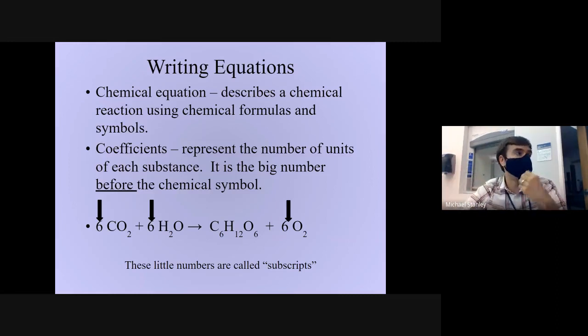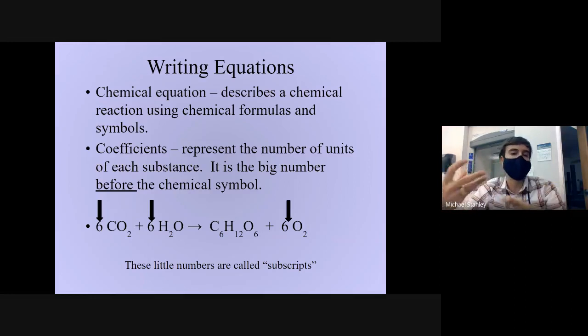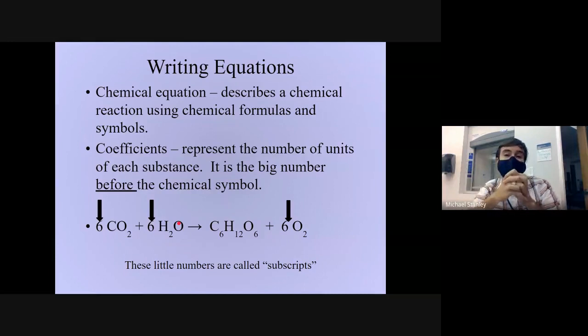So in photosynthesis, these numbers tell us that we need 6 carbon dioxide molecules, 1, 2, 3, 4, 5, 6, and 6 molecules of H2O to react together. And those will give us 1 molecule of glucose.